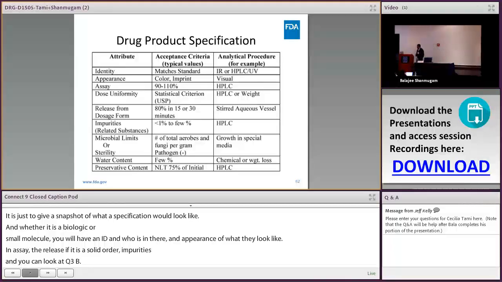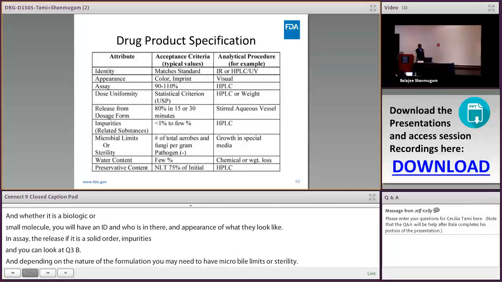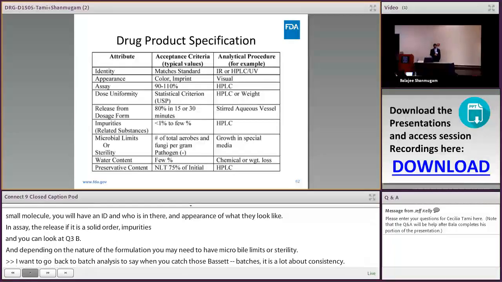So I want to go back to batch analysis to say when you test those batches based on the specification, it gives you a story about lot-to-lot consistency. Several years ago, we used to have INDs which would say in the specification, report results. The batch analysis would say, confirms.